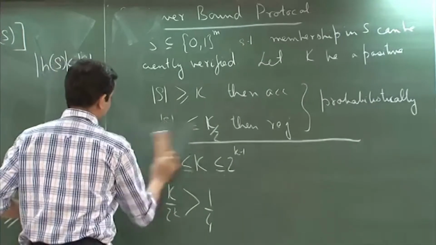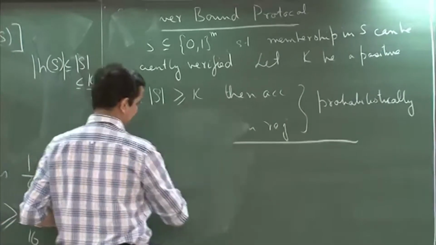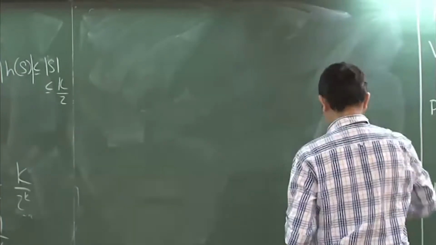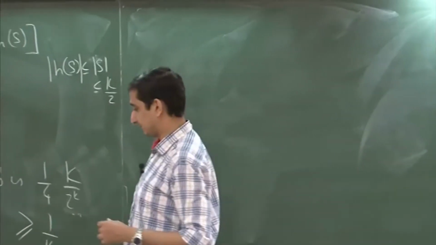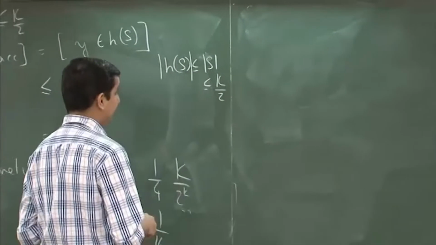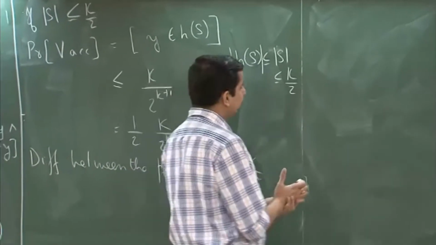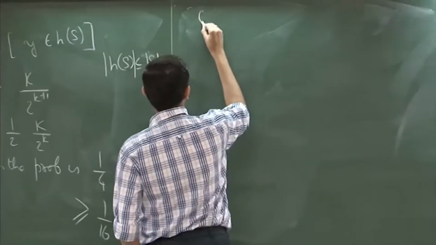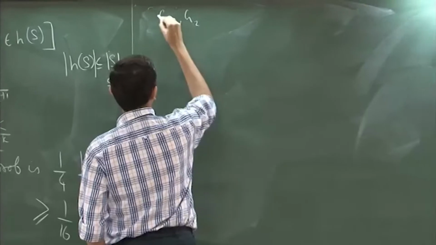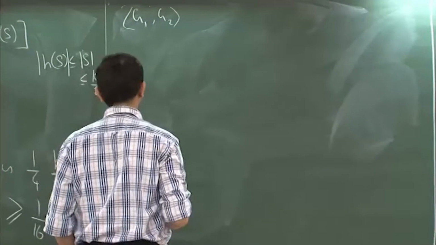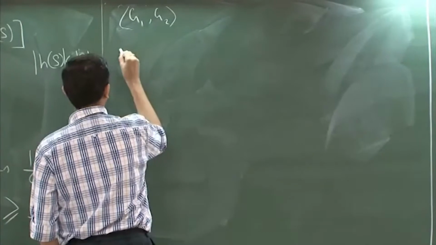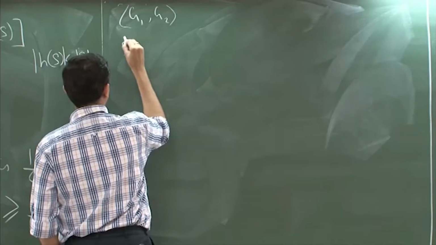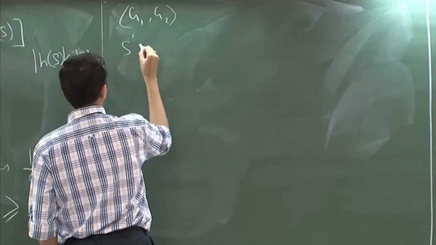Okay. So, now let us see how to decide the graph isomorphism problem or the graph non-isomorphism problem using this protocol. We will basically model the graph non-isomorphism problem in a very clever way, and that is the key behind solving this. So, we are given two graphs G1 and G2, and we need to check if they are non-isomorphic. So, consider the following set. Let me call this S prime.